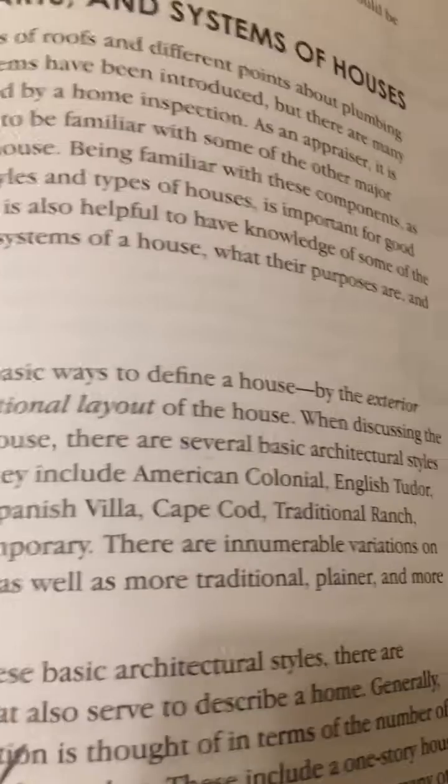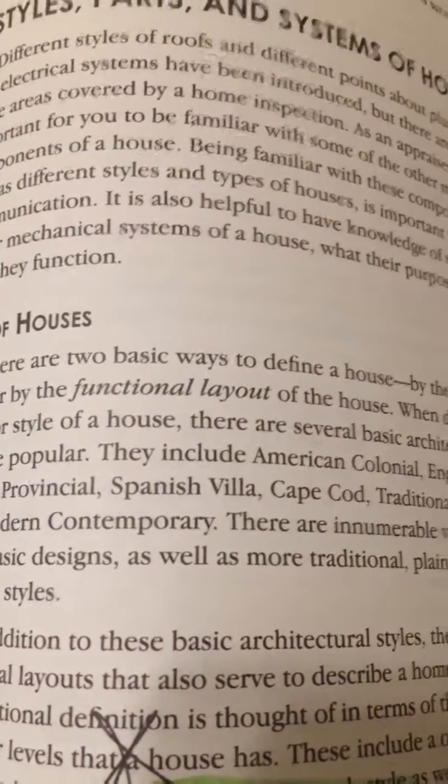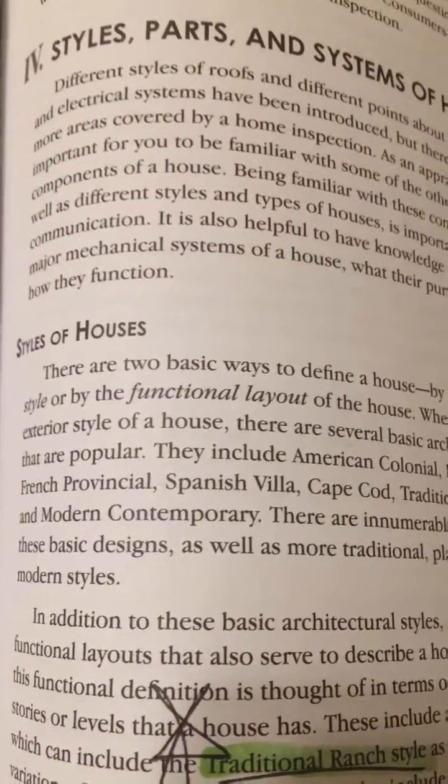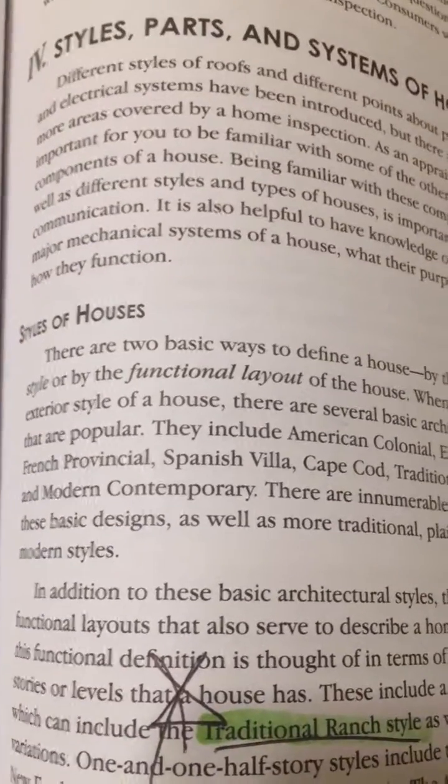Styles of houses. There are two basic ways to define a house: by the exterior style or by the functional layout of the house. When discussing the exterior style of a house, there are several basic architectural styles that are popular.